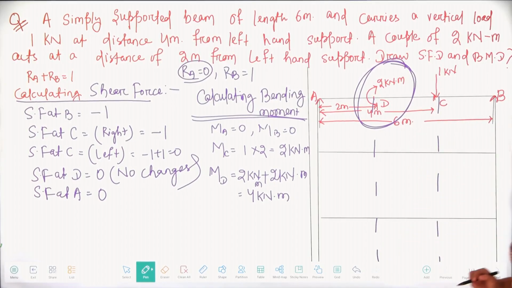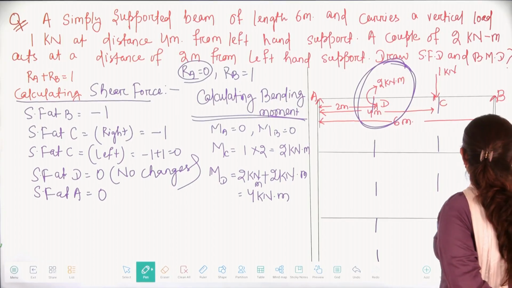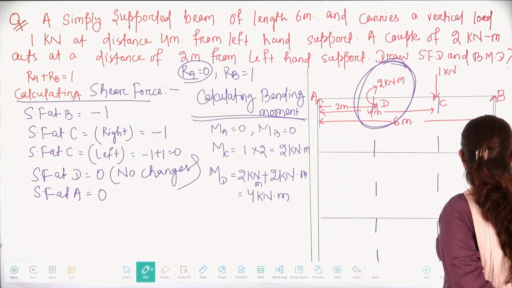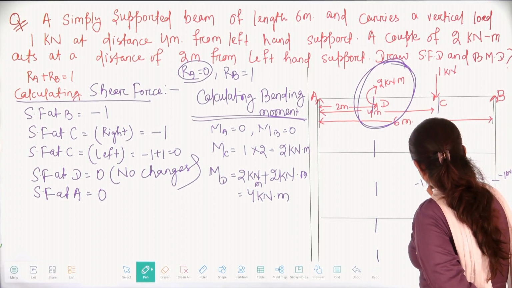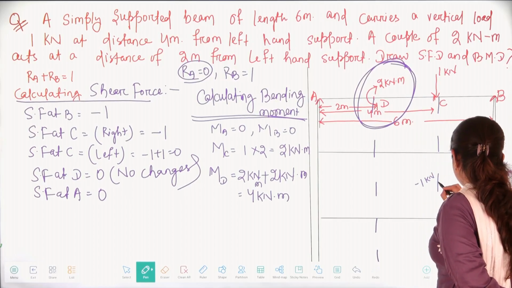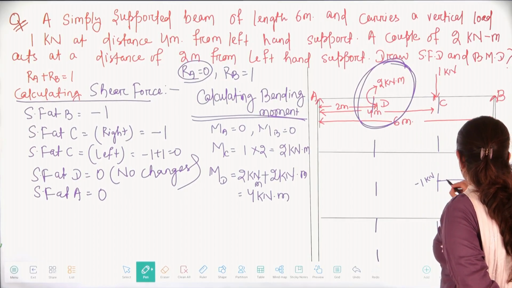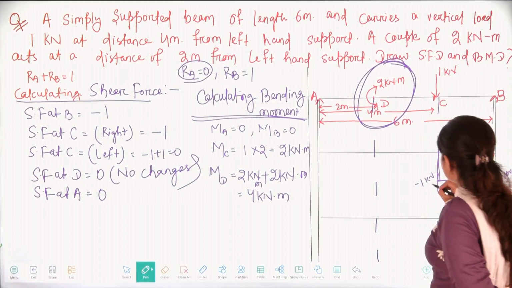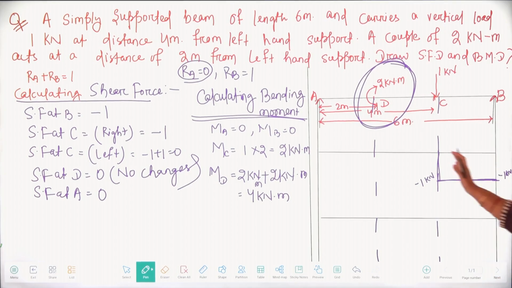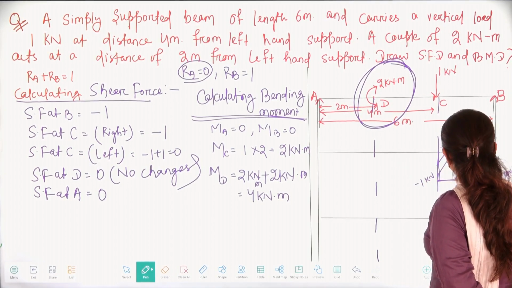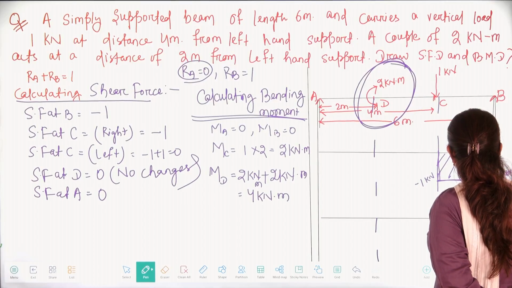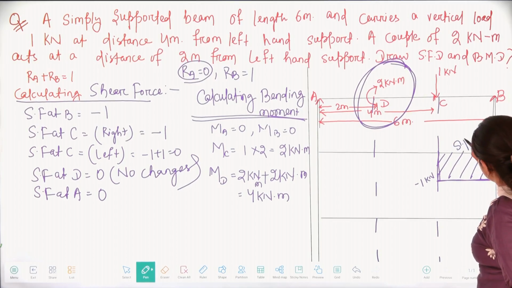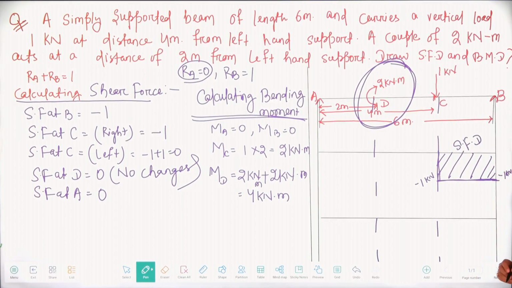Okay. So the whole shear force diagram will be negative. The S.F.D will look like this. Again 0 and 0, so this will be your S.F.D.